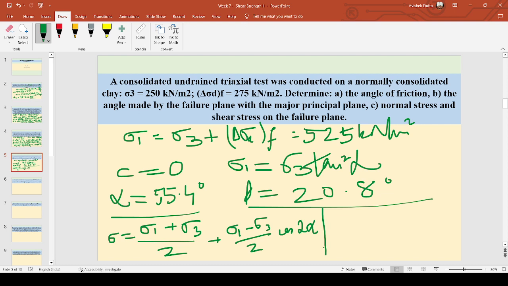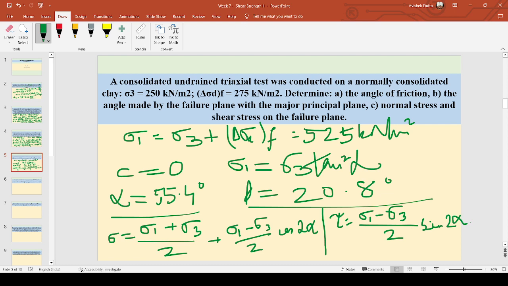This is the value of normal stress, and the value of shear stress is tau equals sigma 1 minus sigma 3 by 2 sine 2 alpha, twice the failure angle.